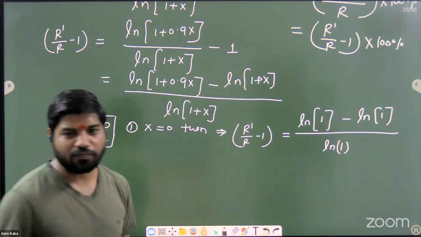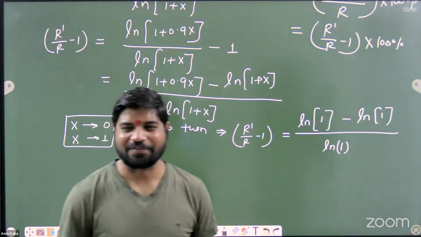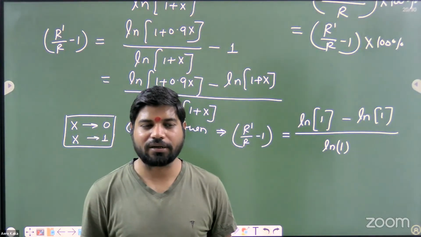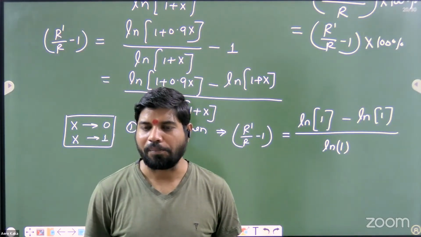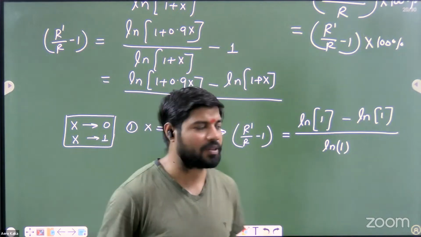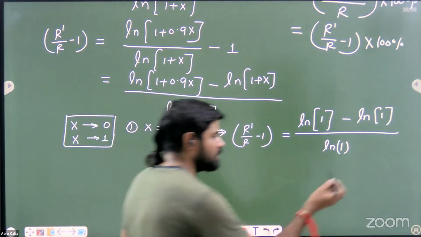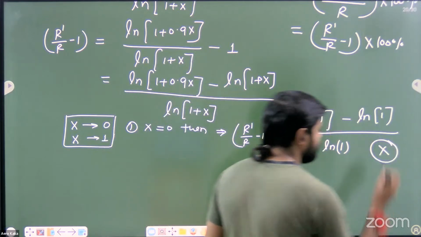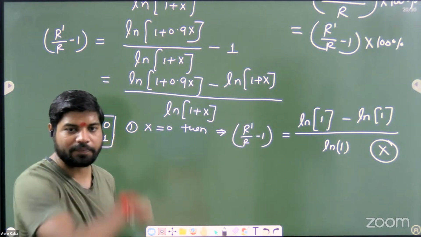So what is the value of ln of 1? It is 0. So again, which condition is this? You can say this is not possible. It cannot fly without the fuel, right?